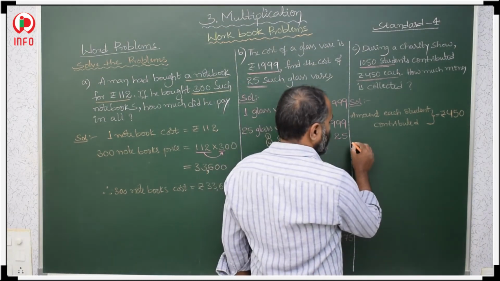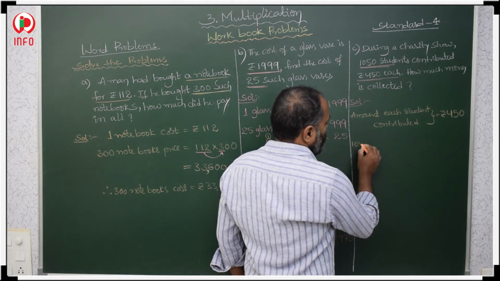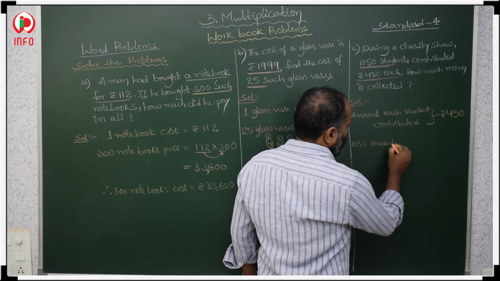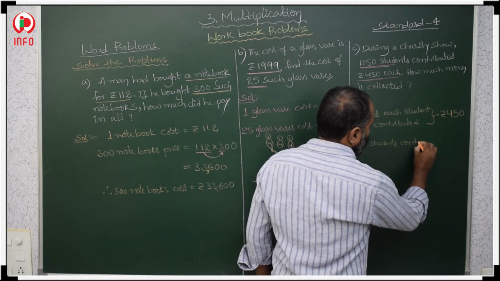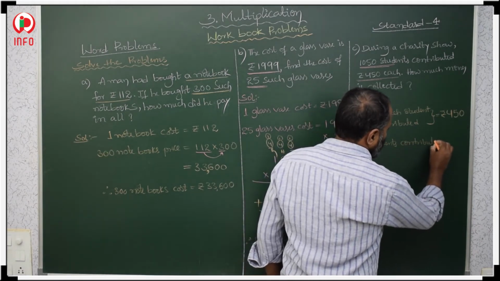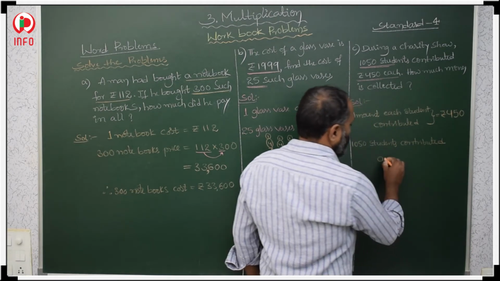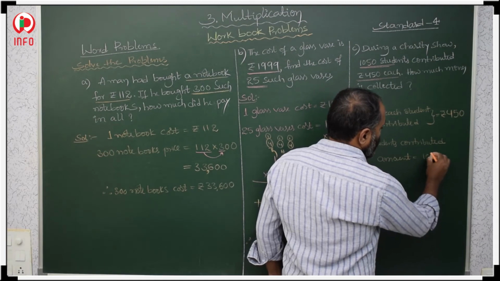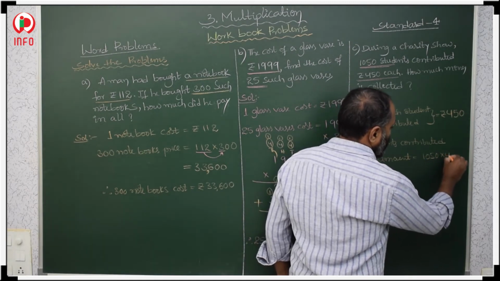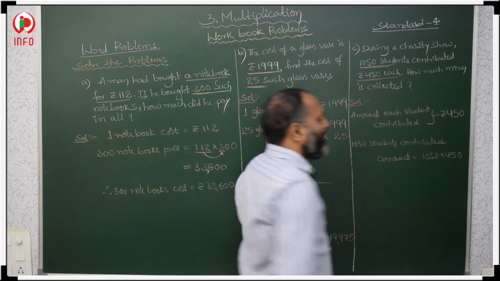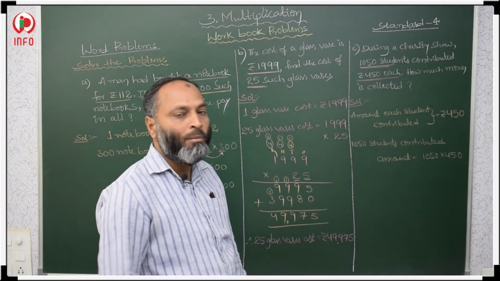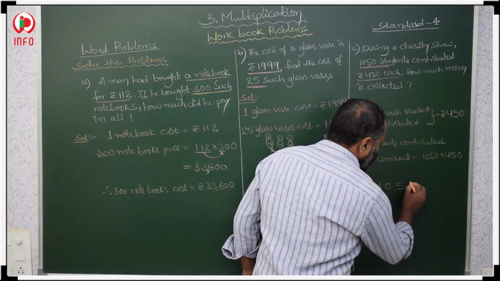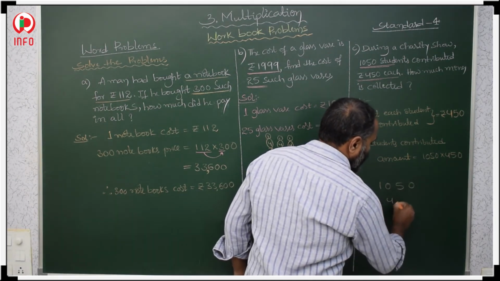Then 1050 students contributed amount is equal to 1050 with 450. Now we have to multiply 1050 with 450.